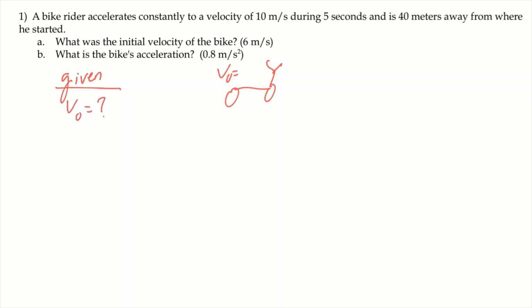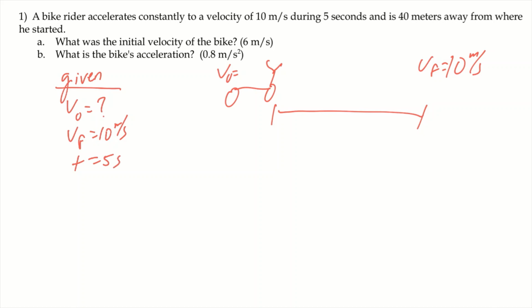Now we do know the bike rider speeds up and eventually reaches a final velocity of 10 meters per second. So let's write that as our final velocity is 10 meters per second. The time it takes for that to happen is 5 seconds. And the distance that the bike displaced is going to be 40 meters.